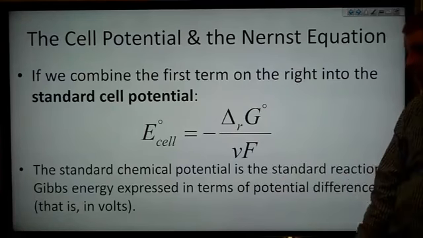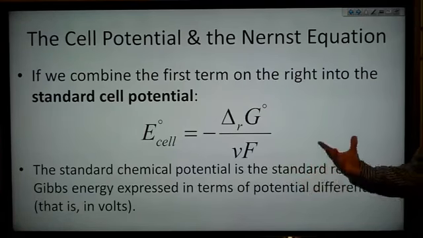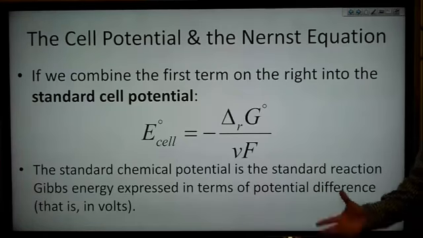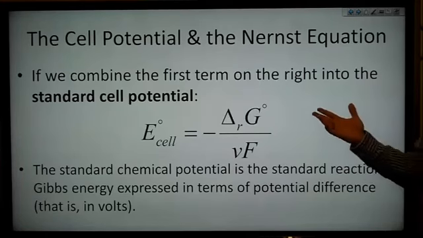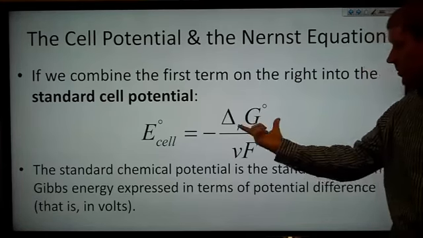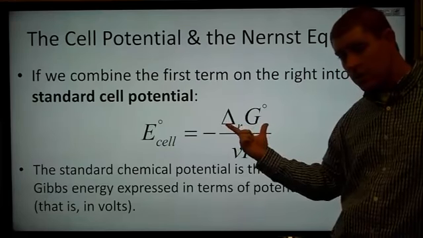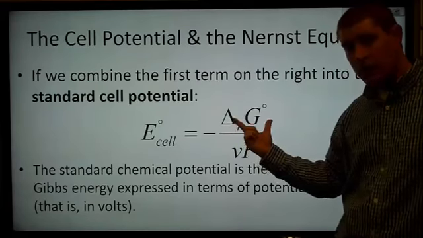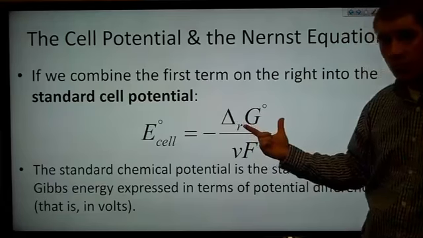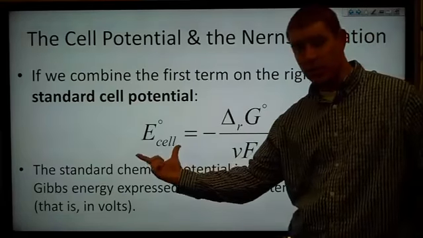We can measure these standard cell potentials. Our standard cell potential is the standard reaction Gibbs energy, expressed in terms of potential difference, so that is in volts. So it's basically an equivalent sort of thing as the standard Gibbs energy, just now, instead of expressing it in terms of joules per mole, we're expressing it in terms of volts.